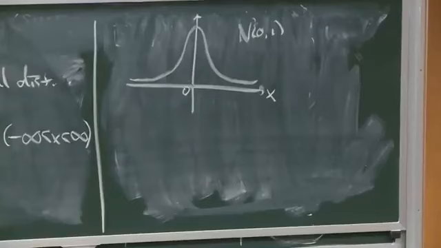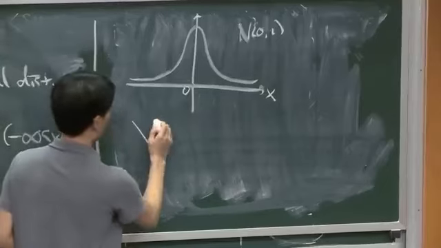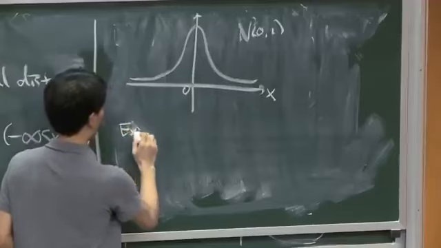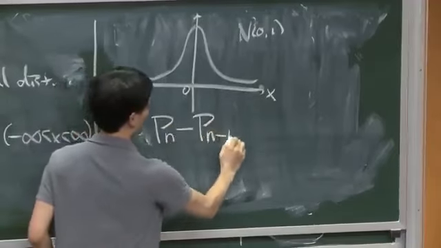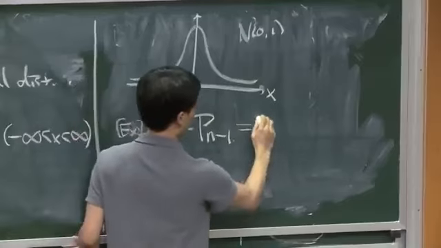We want to model a financial product, like a stock, the price of the stock, using some random variable. The first thing you can try is to use normal distribution. Normal distribution for the price itself doesn't make sense, but we can say the price at day n minus the price at day n minus 1 is normal distribution.